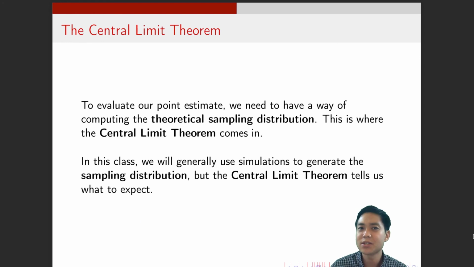And this goes into something called the central limit theorem. We've been talking about this theoretical sampling distribution a lot, and the central limit theorem is what is going to give us that sampling distribution.